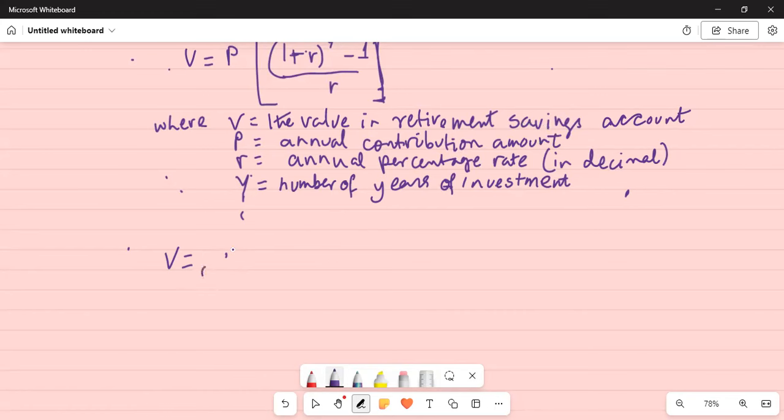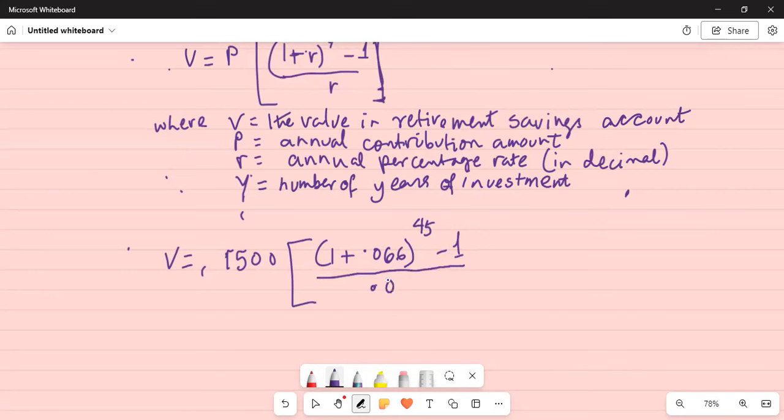So this is 1,500 times, in parentheses, 1 plus rate of interest in decimal, 0.066, and I'm investing it for 45 years, minus 1, divided by my interest rate, which is annual interest rate in decimal.